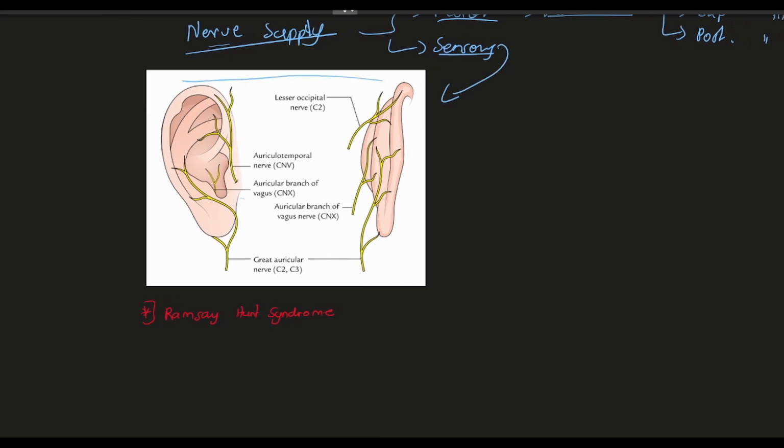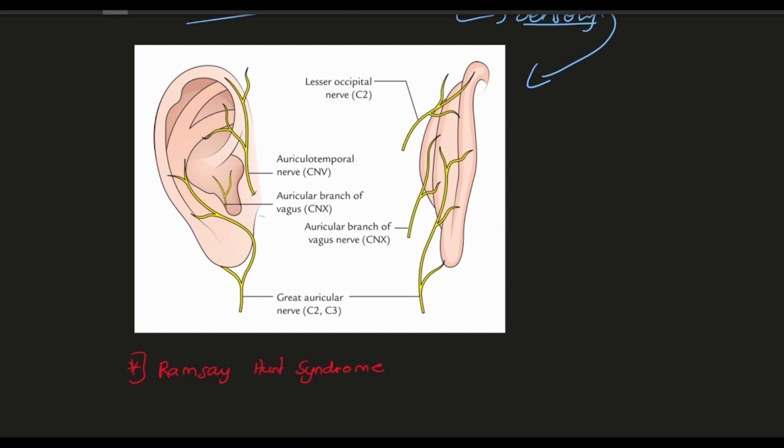Let me talk about the sensory supply. This image shows everything about the sensory supply of the external ear. These two parts, both medial as well as lateral, are supplied by the same types of nerves. For example, the great auricular nerve from the C2 and C3 branches supplies the lobule, helix, antihelix, or all this part.